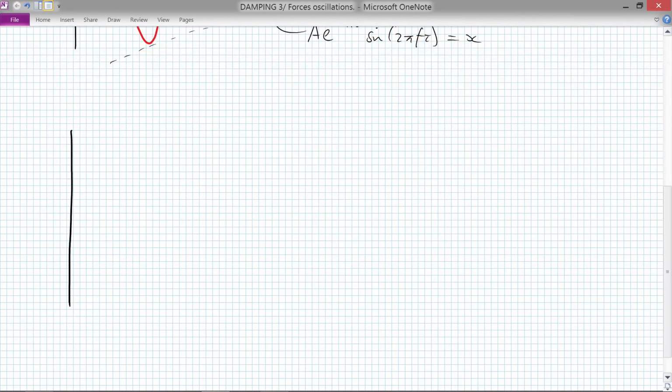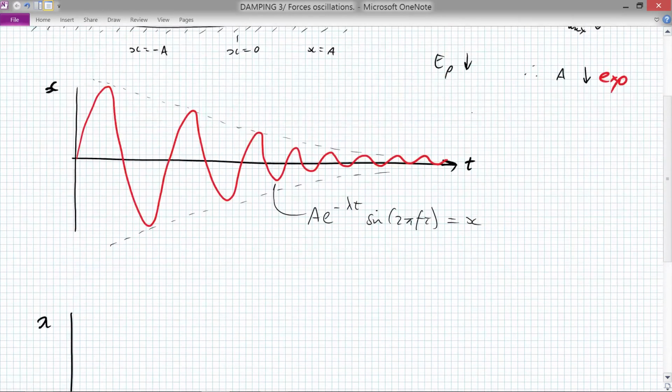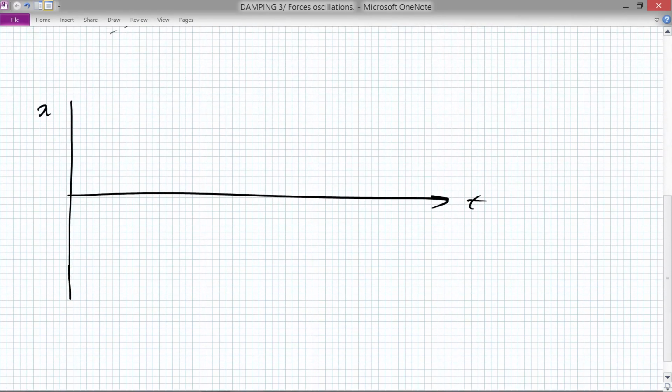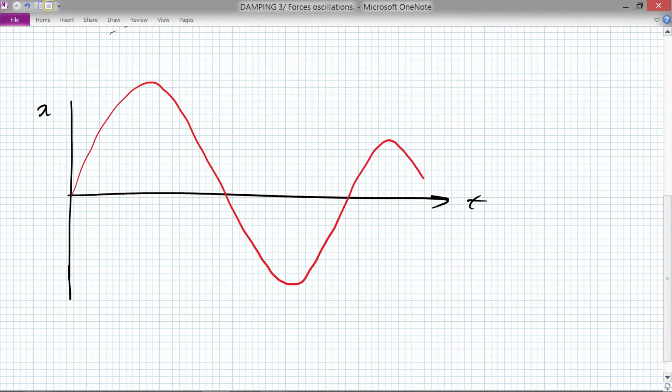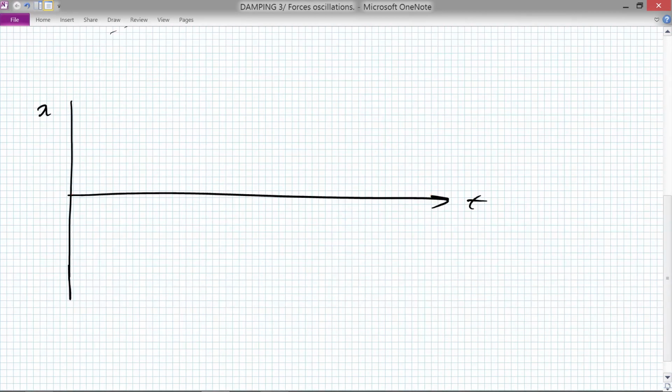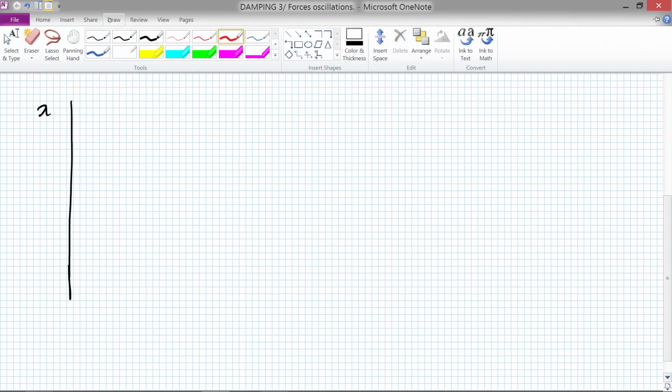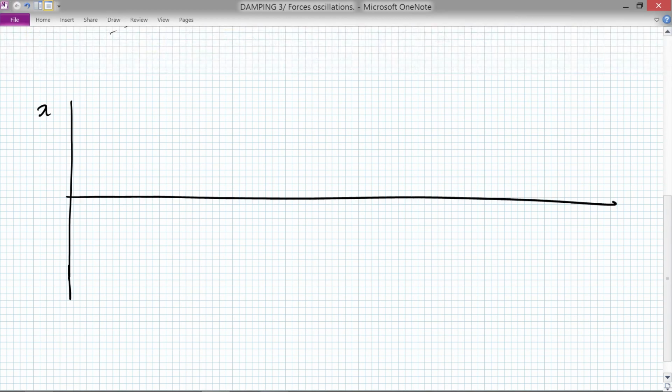I'll plot on slightly larger axes the initial couple of oscillations from here again, but I'll stretch them out and make them a bit more extreme. Let's try again. Let's make this a bit longer. It's going to look something like this.